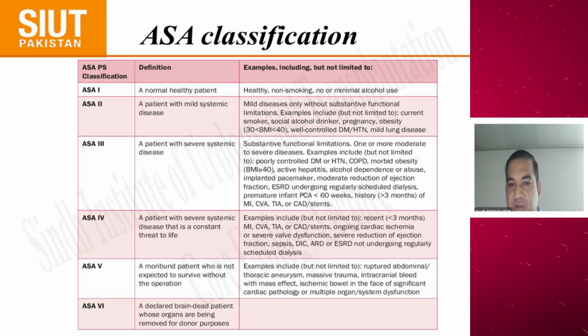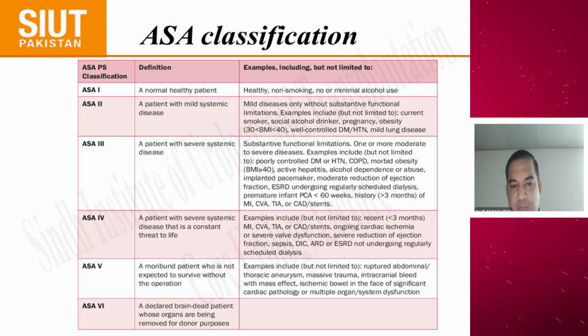Examples include poorly controlled diabetes mellitus or hypertension, COPD, BMI greater than or equal to 40, ESRD, CVA, ischemic heart disease. ASA 4, a patient with severe systemic disease that is a constant threat to life, which includes a recent MI, CVA, TIA, or coronary artery disease.